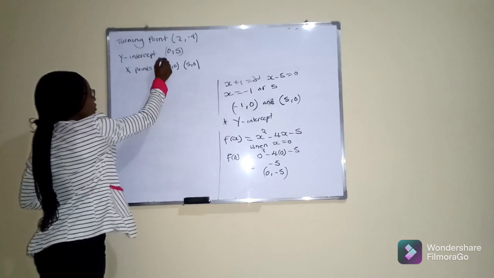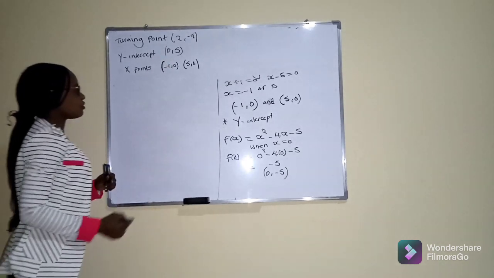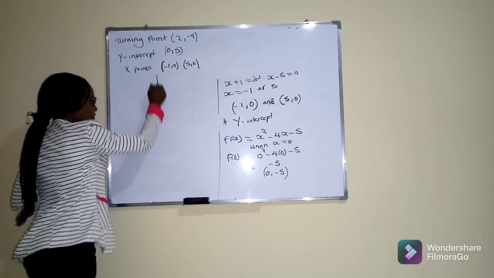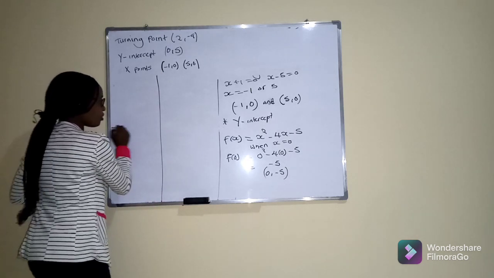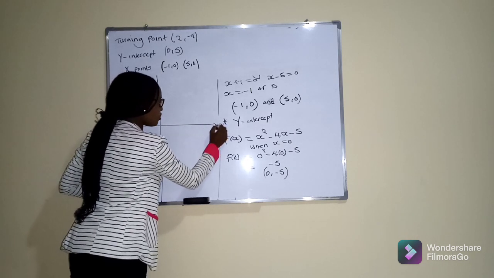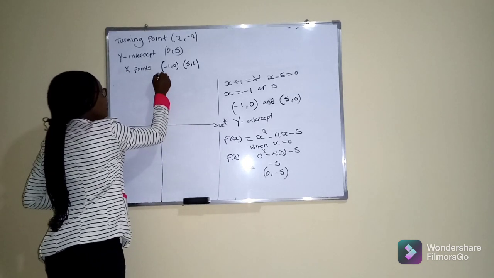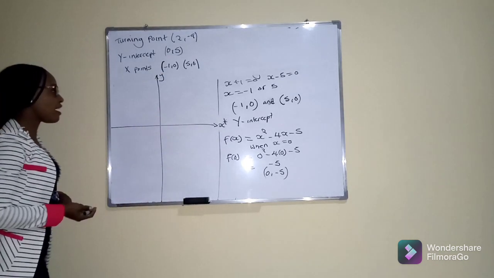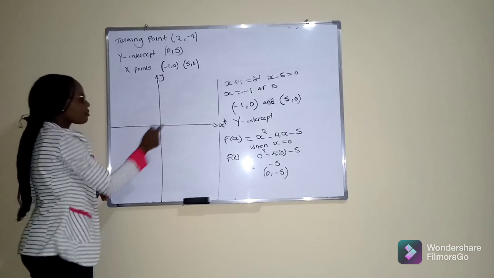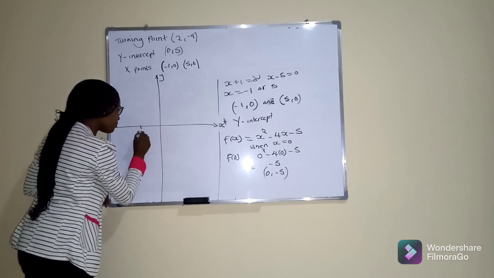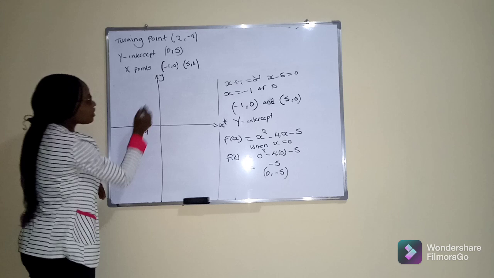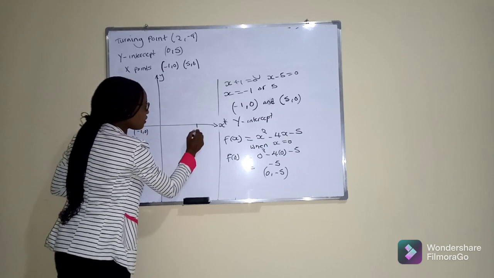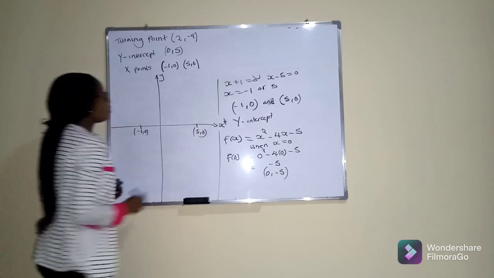Okay, so now that we've written this, we're going to put up our sketch. So this is our x-axis, then this is the y-axis. Then from the points that we have negative 1, 0, then the other one we have 5, 0.